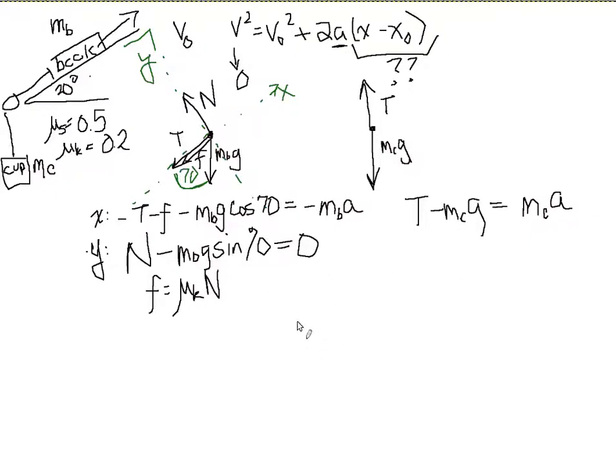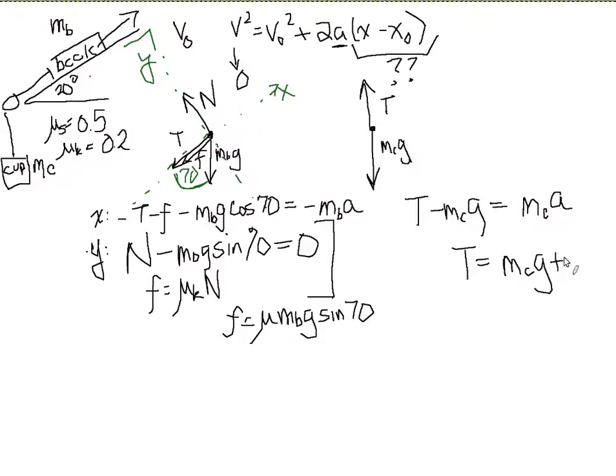Now I just need to put all of these equations together to find the acceleration. From these two equations working together, I find that the friction is equal to mu, I'm just going to remember that it's mu sub k, m sub b g sine 70. From the cup equation, I see the tension is equal to m sub cg plus m sub c a. I'm going to stick both of those into this equation here.